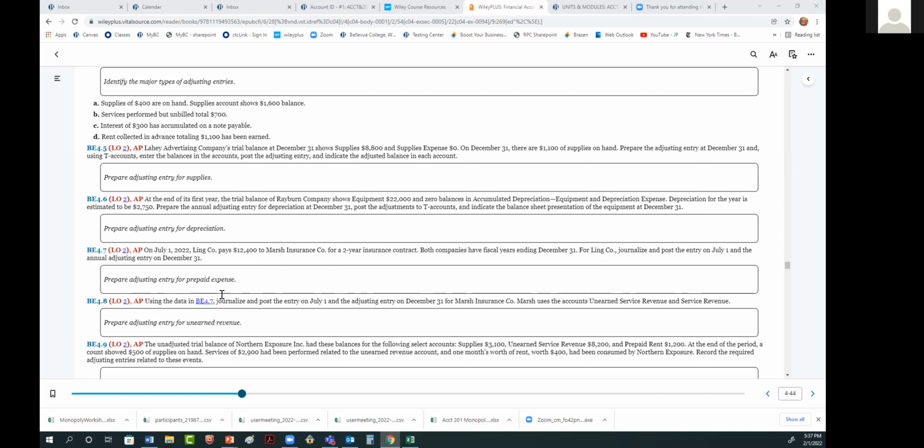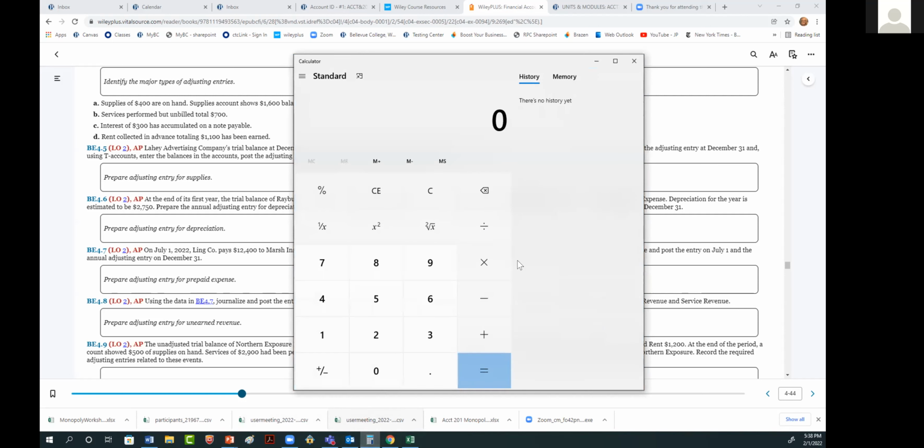Marsh Company was paid $12,400 of cash, but instead they can't call it revenue yet because it's July 1st, so they called it unearned revenue. Now, 6 months later, they're going to recognize the revenue, and that's going to be that same journal entry, debit unearned revenue, credit service revenue, and it's going to be the same problem that we had before where we said it's 4 divided by 2, divided by 2, it's going to be $3,100 of revenue earned, okay?